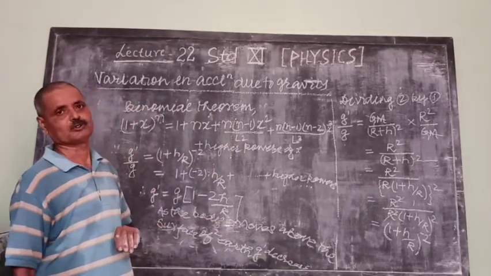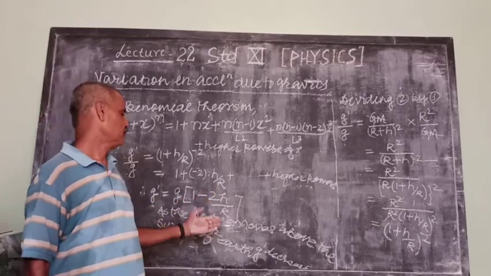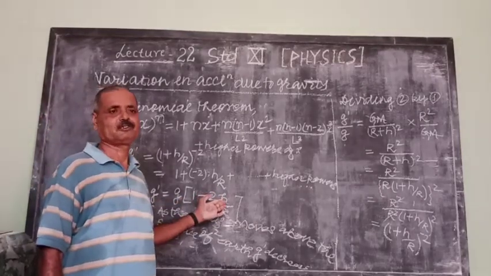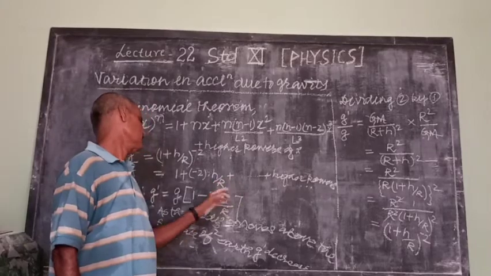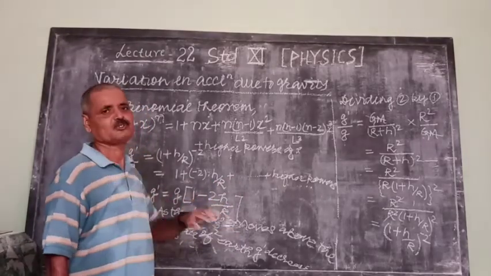This is the conclusion. By increasing the value of h, this term will increase and the bracket will always be less than 1, so g dash will decrease.